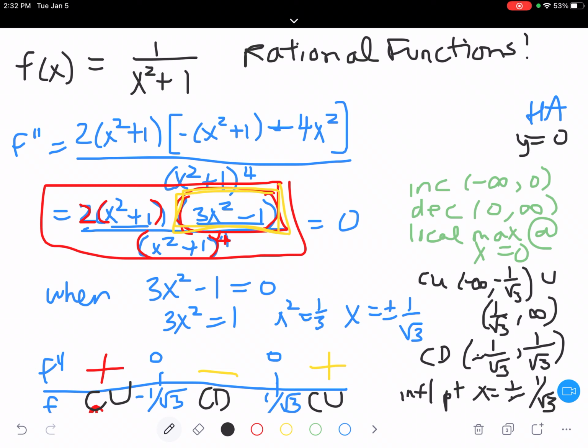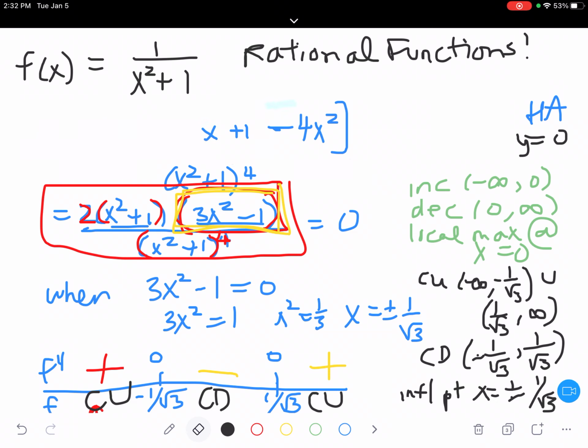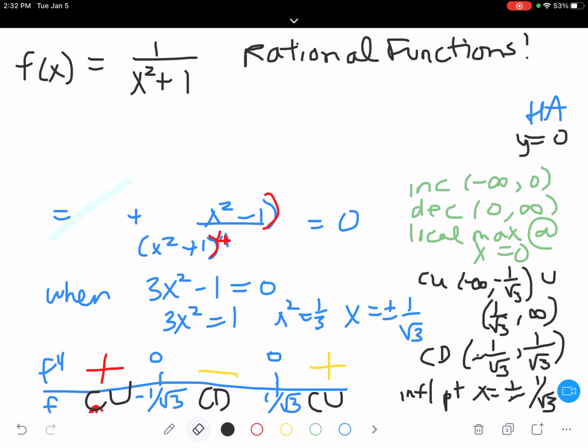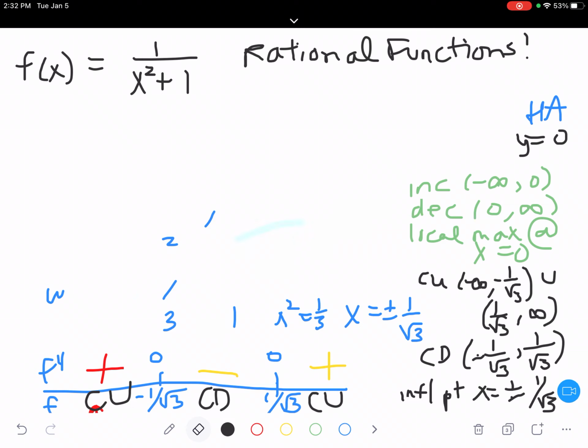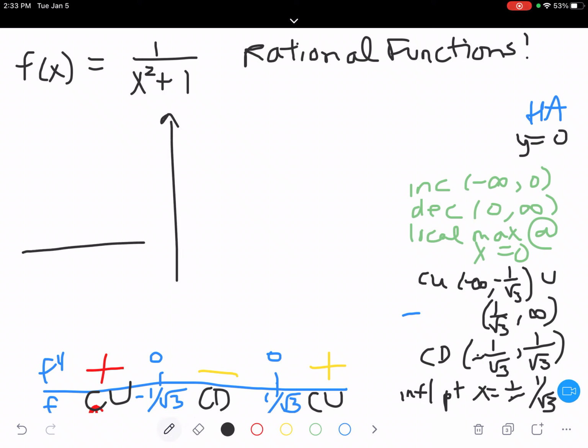Okay, so now I'm going to take all this information and graph this very weird rational function that has no vertical asymptotes but a horizontal asymptote. If you look at the actual function in question, I cannot have any negative y values for this function. The domain of it is all real numbers. There's no x's I can't plug in because I can't have zeros in my denominator.